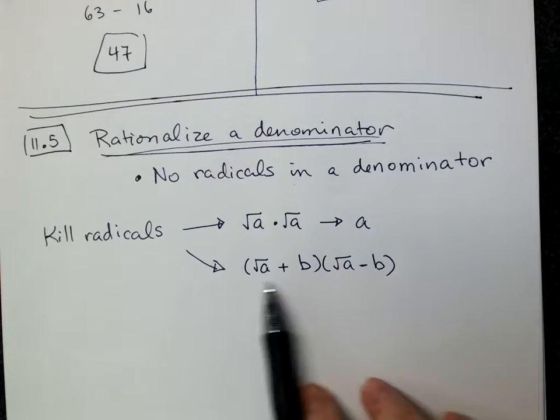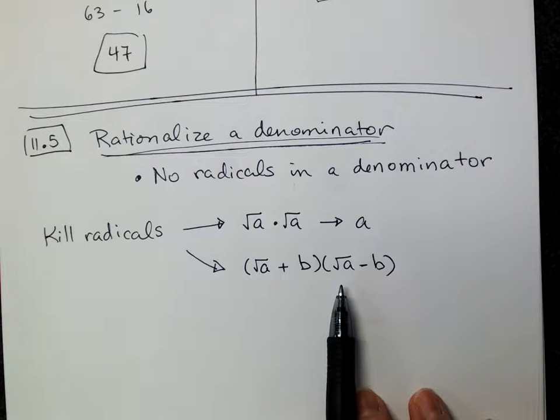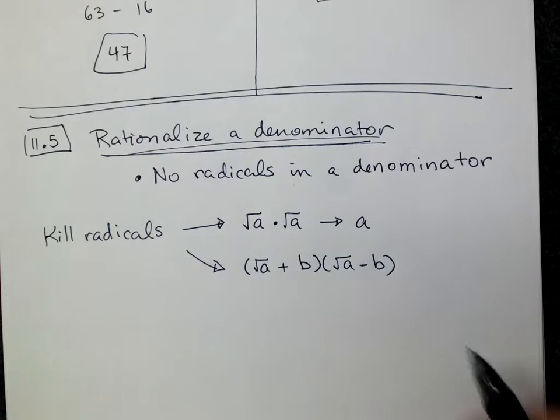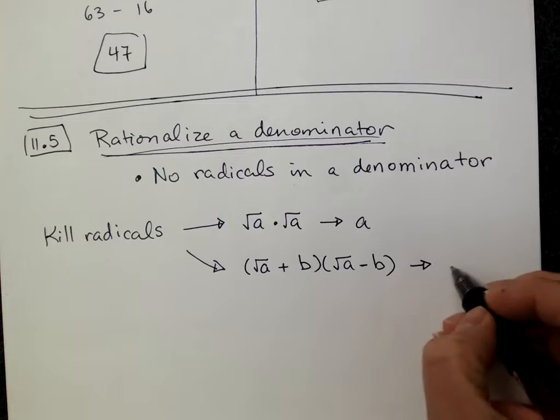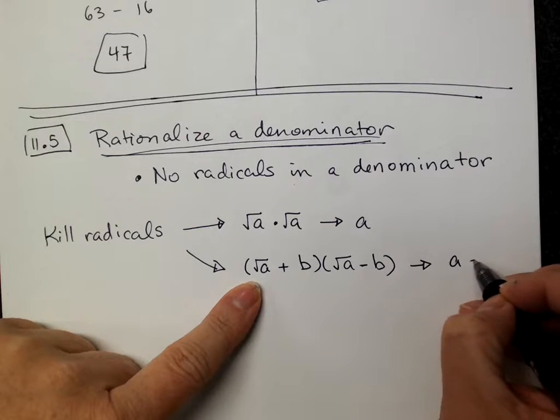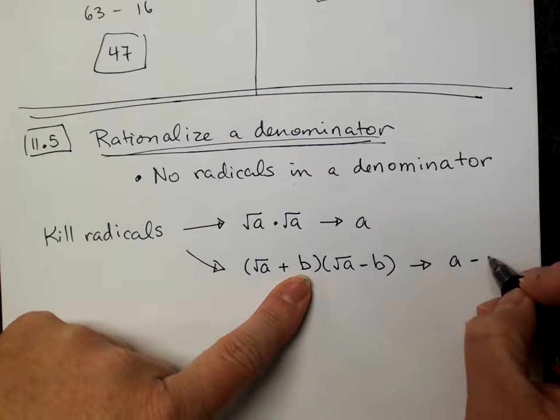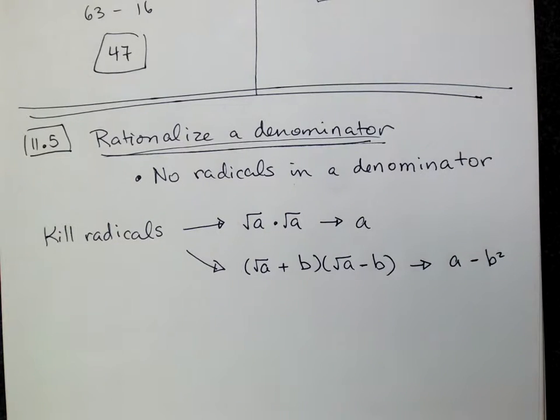Now, depending on whether you have a variable or not, you might still have a variable, or you might just get down to a single number, but the radicals will be gone. So that multiplies into A minus, and then if this is just a number, it'd be A minus that number squared, whatever it is. But no more radicals.